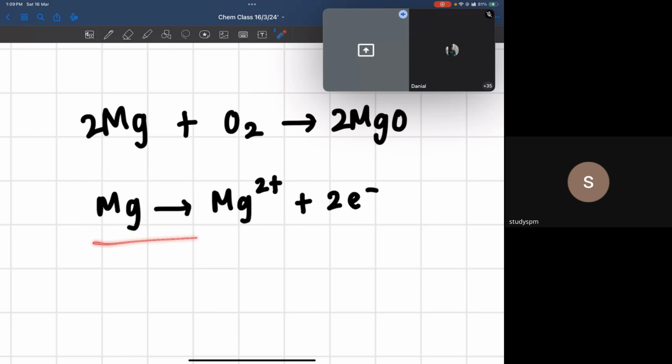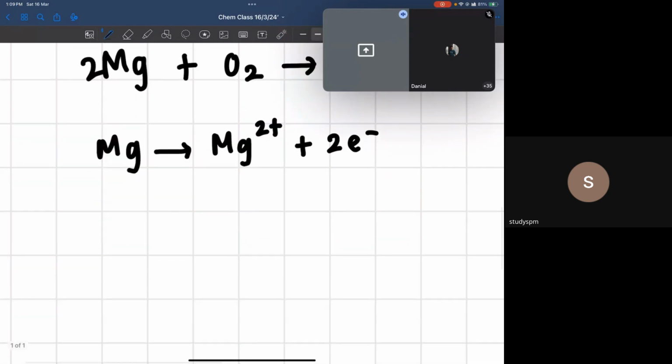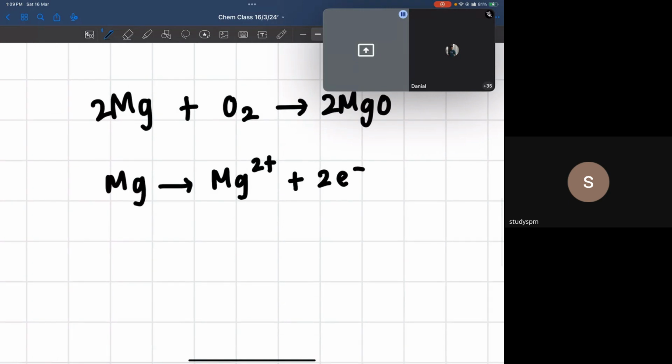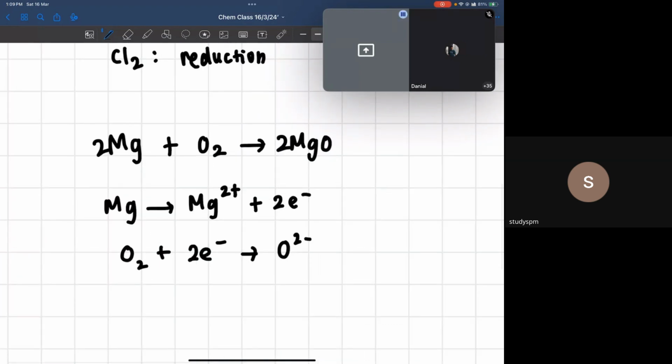So this is the half equation for magnesium. For oxygen, we already know magnesium undergoes oxidation, so oxygen gas must undergo reduction. So this one adds 2 electrons and becomes O2-. Okay, this is the half equation.